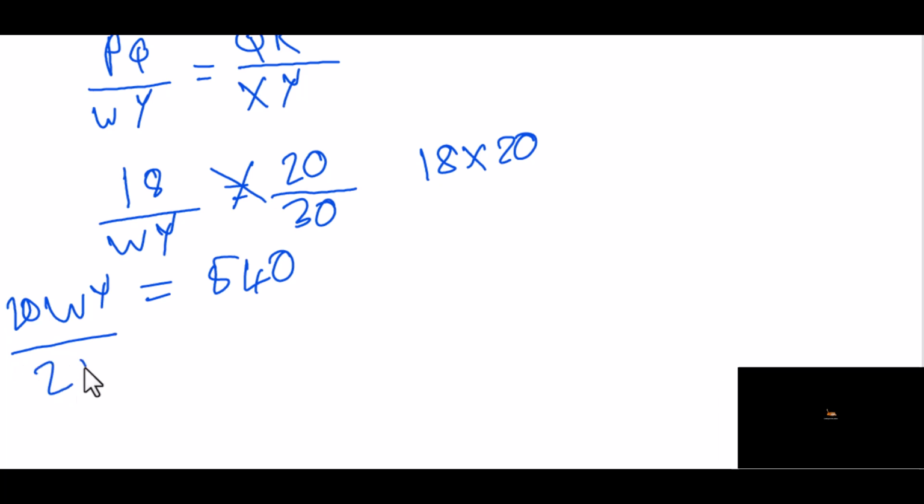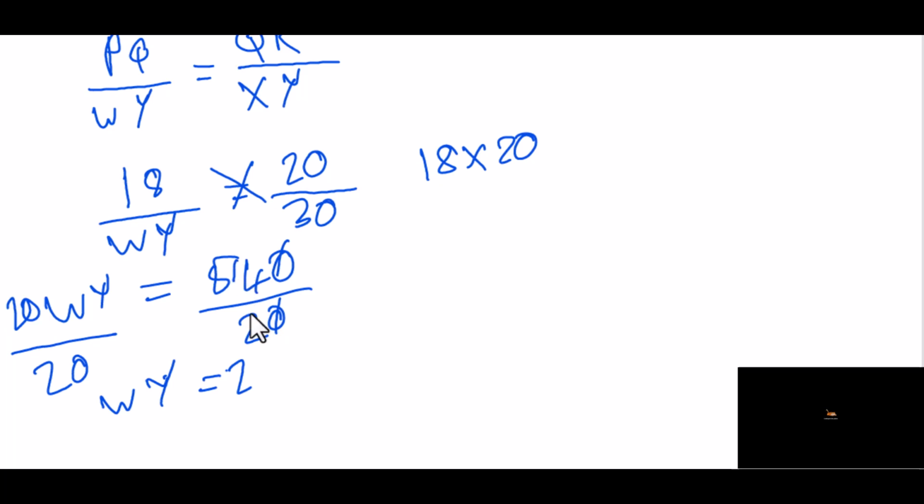Okay, so for us to find WY, we're going to divide both sides by 20. So WY is just going to be equal to, so this and this 0 will cancel. When you divide 5 by 2, you have what? 2, then remainder 1.